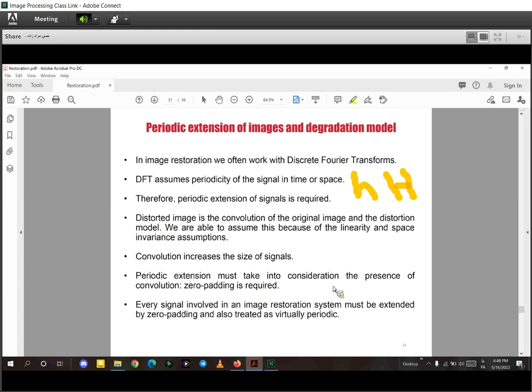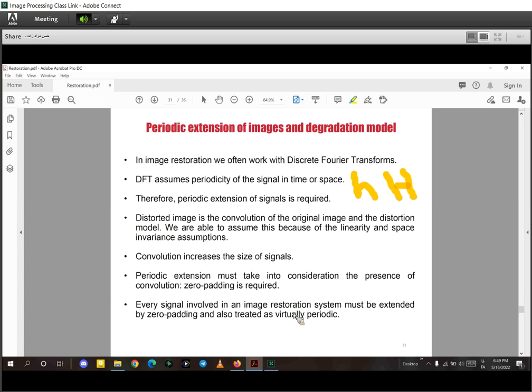Periodic extension must take into consideration the presence of convolution. That means zero padding is required, because we want to use this relation of convolution. We need to zero pad both of them, not only the smaller one to reach the bigger one, required by, for example, N plus L minus 1.